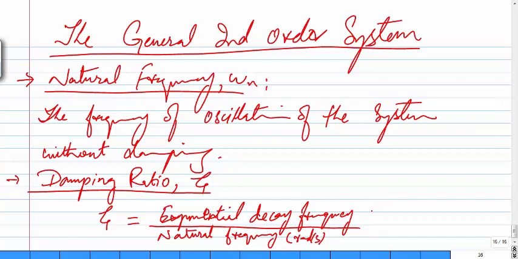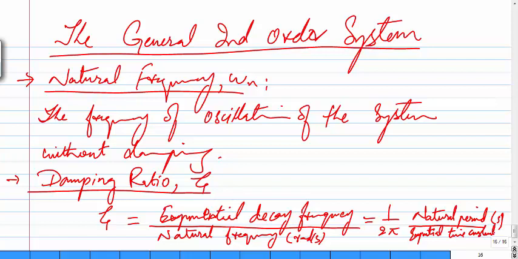So this is equal to 1 over 2 pi times the natural period, calculated in seconds, divided by the exponential time constant.